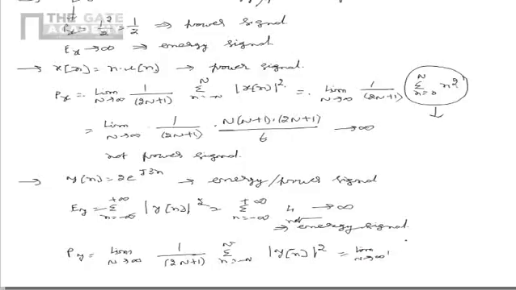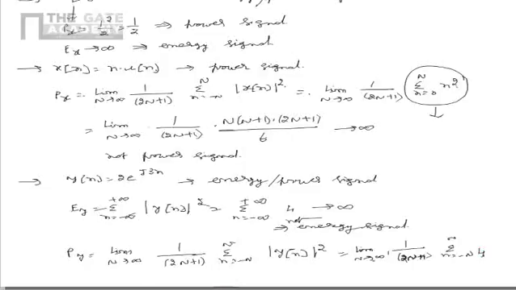Similarly, the power of the signal Py can be written as limit n tends to infinity 1 by 2n plus 1 sigma n equal to minus n to plus n mod of y of n whole square. This upon simplification becomes limit n tends to infinity 1 by 2n plus 1 sigma n equal to minus n to plus n of 4.